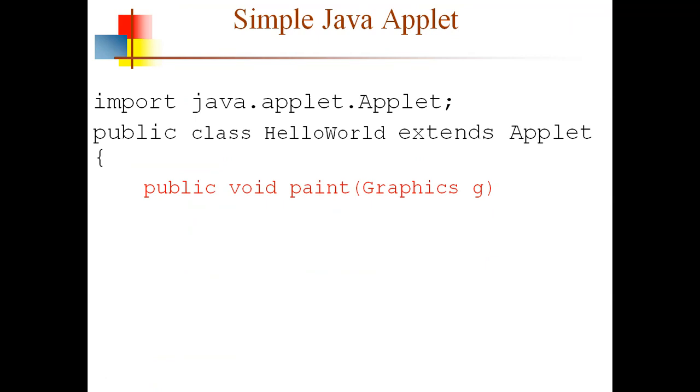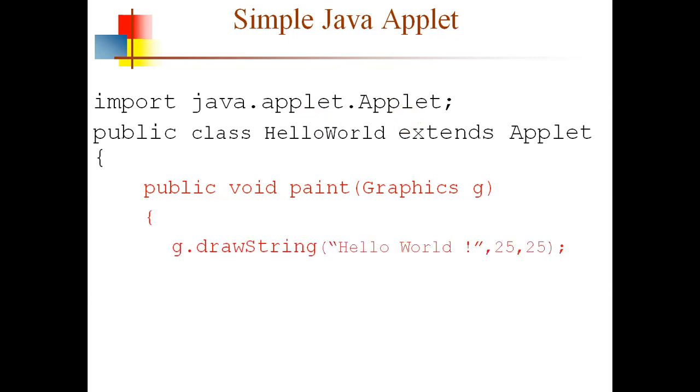You can see here the public class HelloWorld, and this class extends Applet. We import java.applet.Applet. Java is a package, applet is also a package, and inside the applet package we have the Applet class.